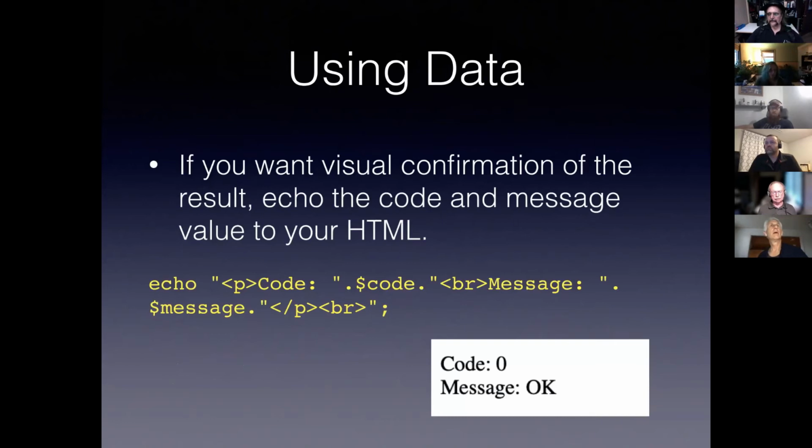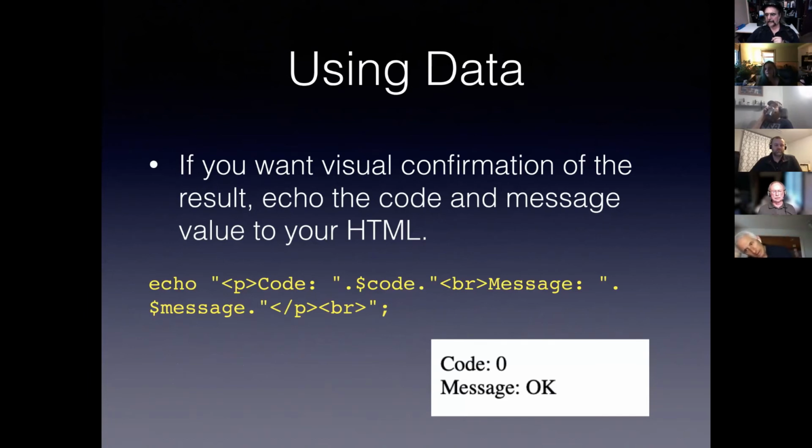So once I have those two values in variables, part of my PHP code will echo code colon what the code was, then a break, then message and whatever the message value was. And the result, in this case, since it went correctly, is code is 0, message is OK. I know I've got data. And now I know it's safe to go and try and parse some of it.